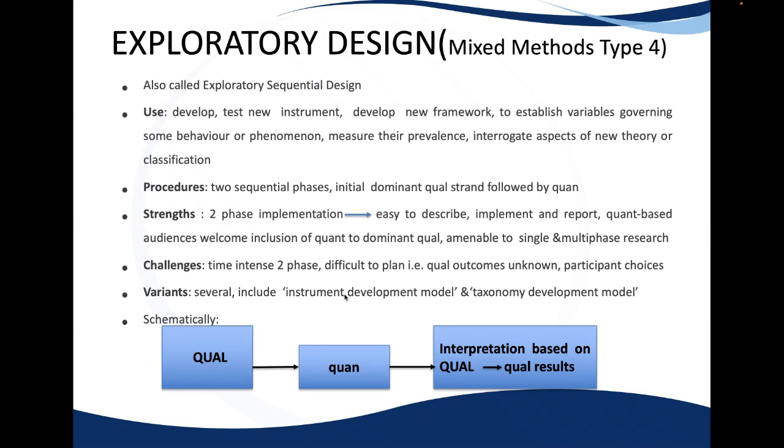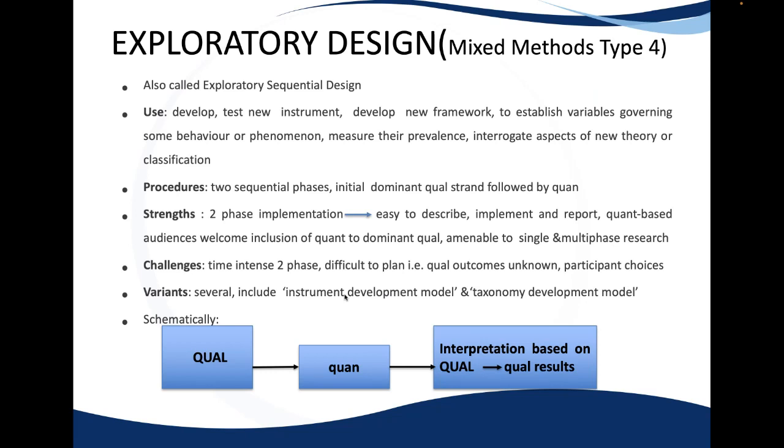In the first, the explanatory one, you collect quantitative data and you use your qualitative data to explain it. Then in exploratory design, you collect qualitative data, but you want to explore the mechanisms of the relationships by applying quantitative testing. So you start qualitative and you subject that qualitative to quantitative testing.